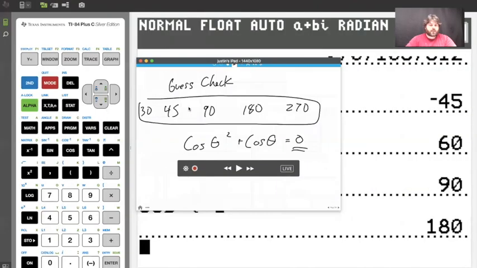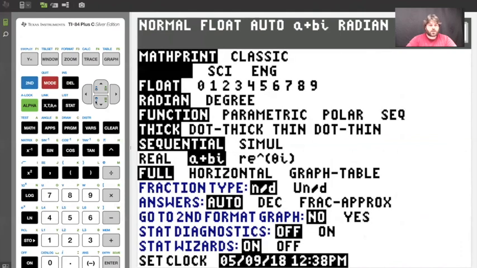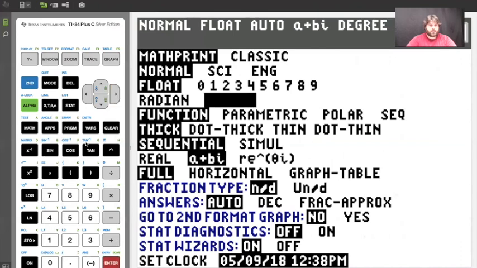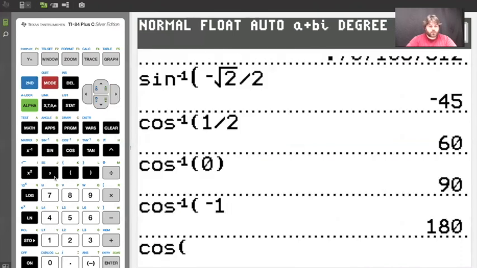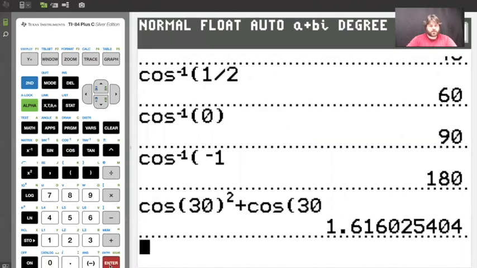So I go to my graphing calculator and make sure I'm in the right mode. I need to be in degree mode since my answers are in degrees. All right, so cosine of 30 squared plus cosine of 30. If it's not 0, it's wrong.